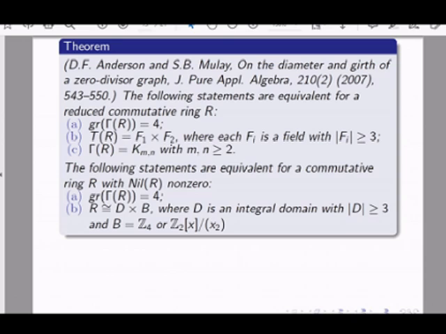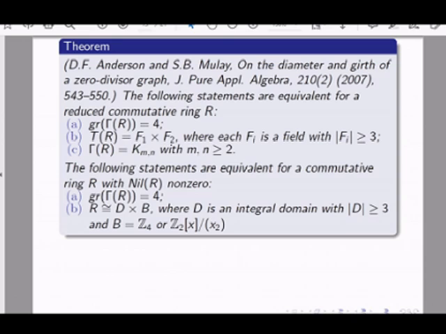If your ring is reduced, and you know that the girth of the zero divisor graph is 4, then I know the structure of the ring. It tells me, number B, that my ring R is a subring of a product of two integral domains. Well, if your ring R is a subring of the product of two integral domains, what will be the total quotient ring?